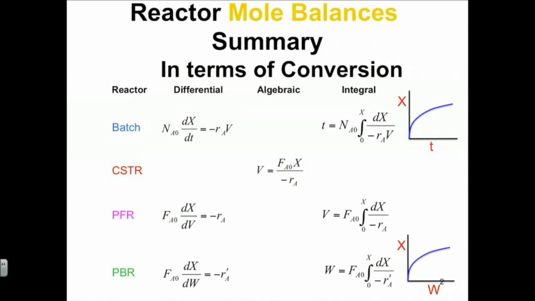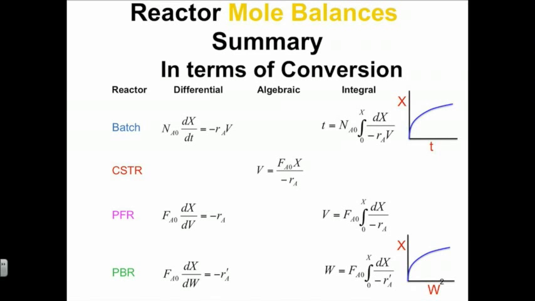Recalling that the conversion of a species is the amount of that species that has reacted divided by the amount initially fed into the reactor, and that the mole balances we've derived for batch, CSTR, PFR, and PBR reactors are shown here.